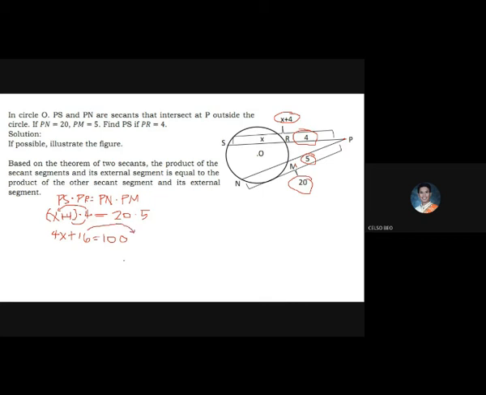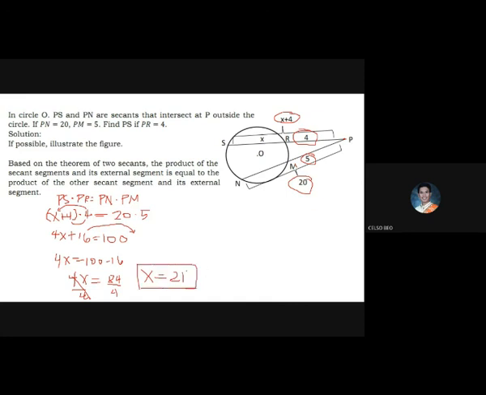Remember, sa transposition, lagi tayong nag-change ng sign. Okay? Kapag positive, nilipat natin, magiging negative. So, you have here 4x equals 100 minus 16. Okay, 100 minus 16, you have here 4x equals 84. Then let us try to divide both sides by 4. Okay. Now, the value of your x here is equal to 21.